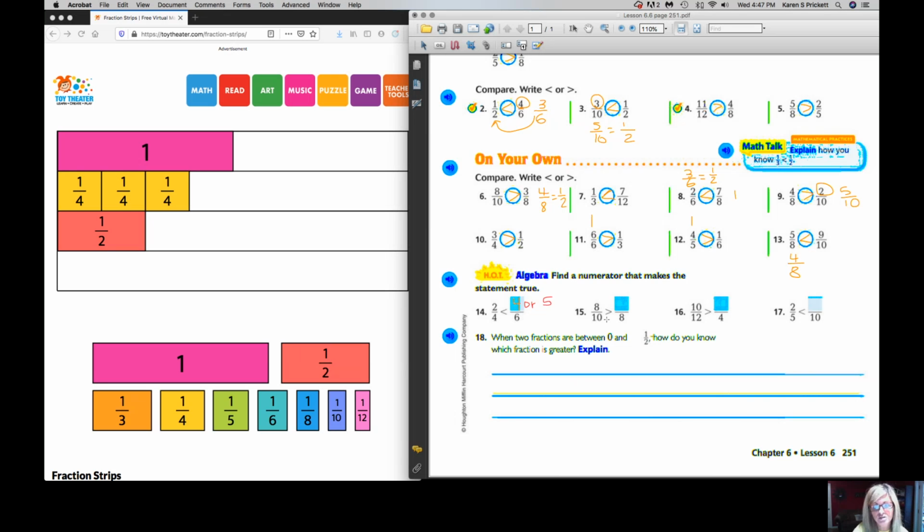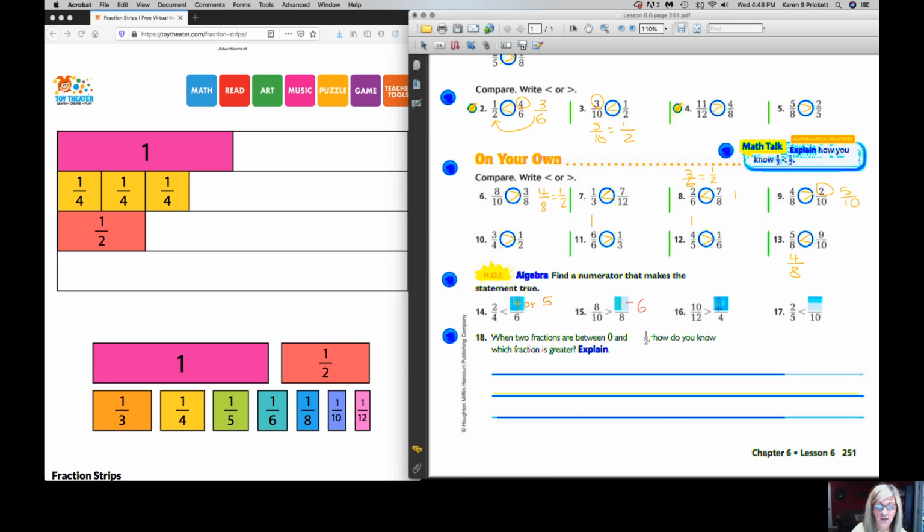8/10 is greater than how many 8s? Well, this could be any number between 1, it could be 1, 2, 3, 4, 5, or even 6. So any number between 1 and 6 would be okay for this one right here. 10/12 is greater than how many fourths?